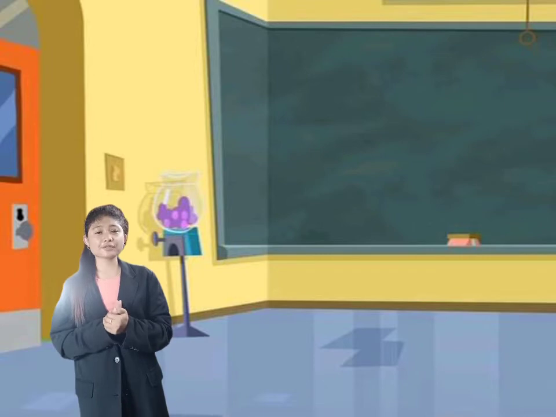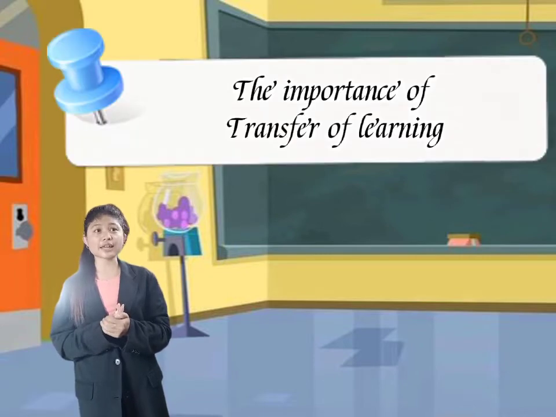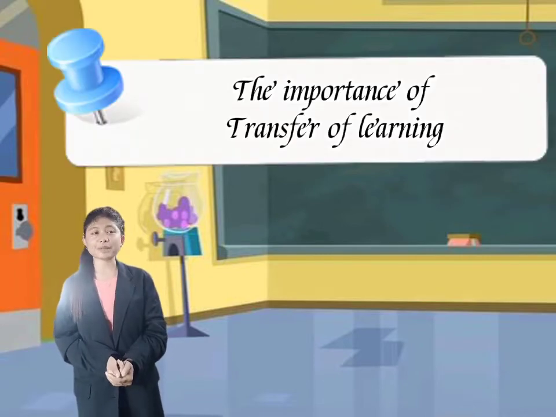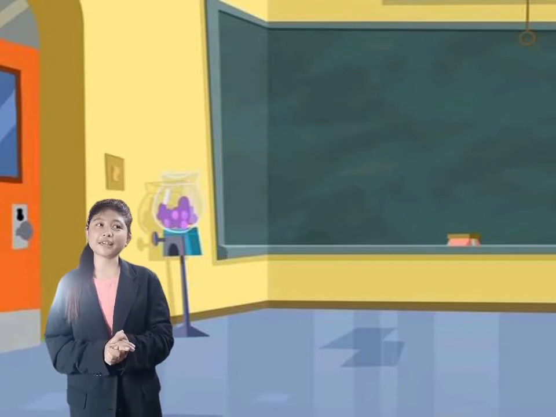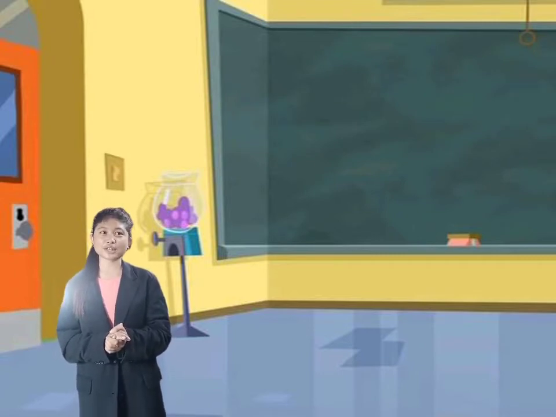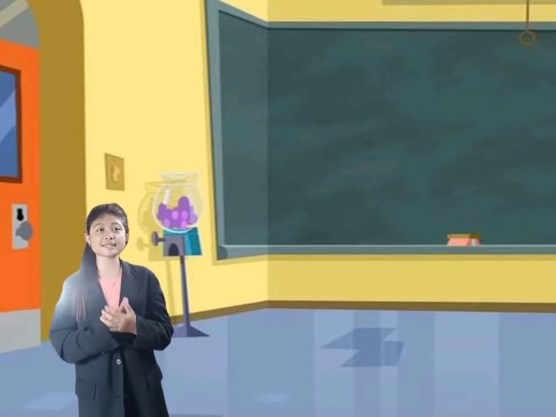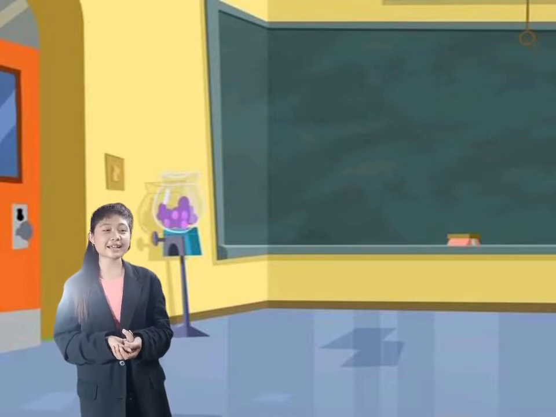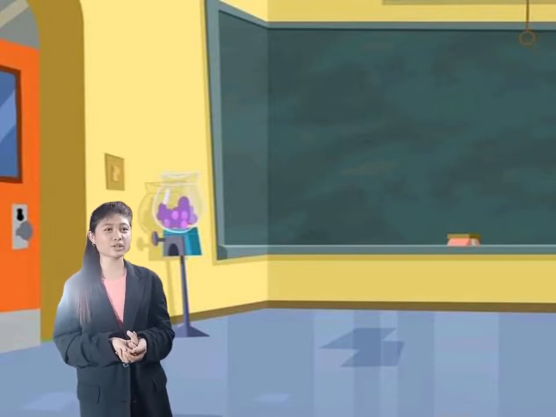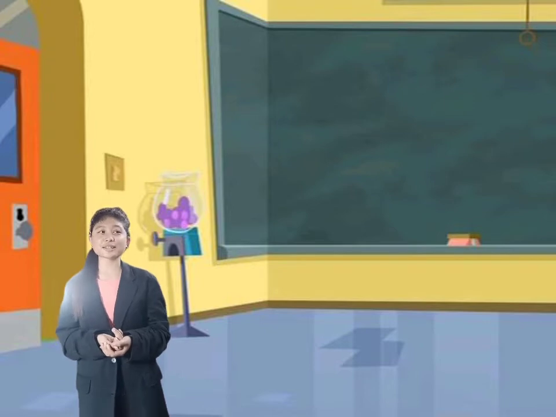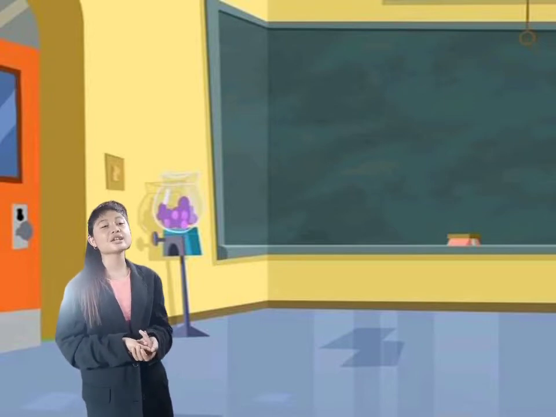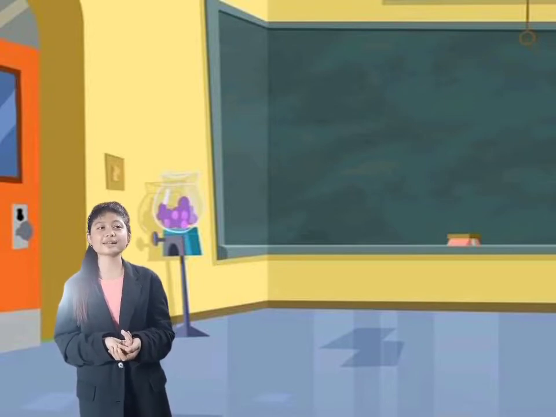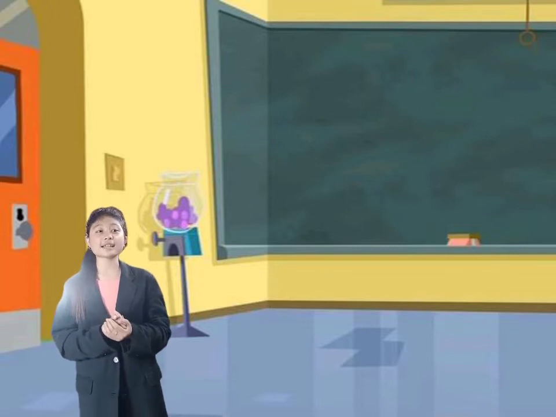So let us first tackle the importance of transfer of learning. The main purpose of any learning or education is that a person who acquires some knowledge or skills in a formal and controlled situation, like a classroom or a training situation, will be able to transfer such knowledge and skills to real life situations and adapt himself more effectively.